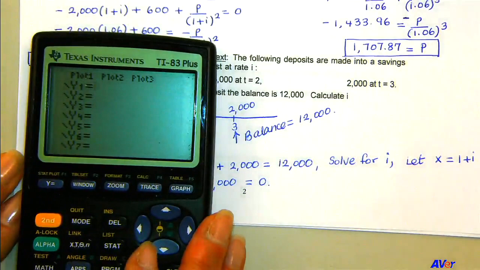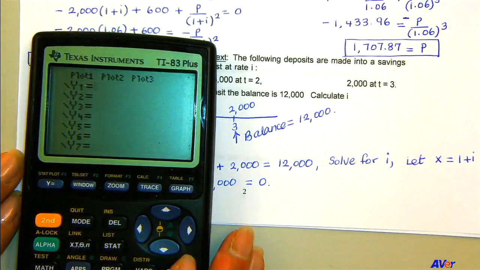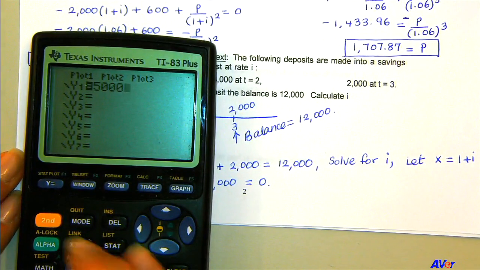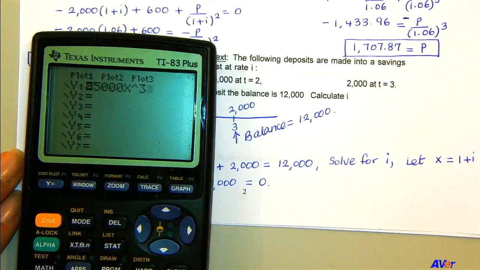Okay, so y equals, let's go put it in. 5,000 x cubed plus 3,000x minus 10,000. And then calculate.